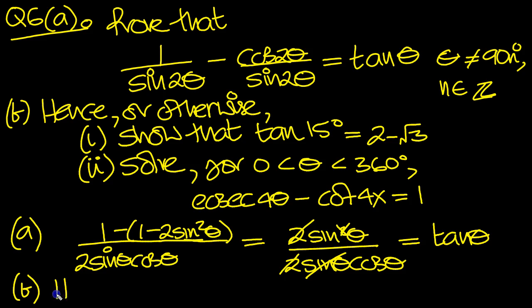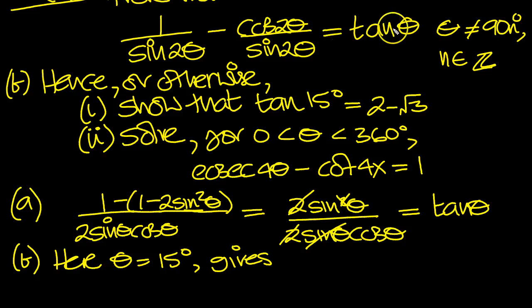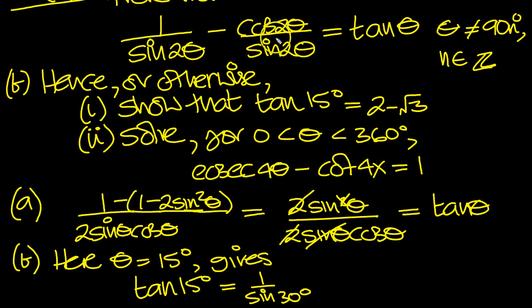So here, theta equals 15 degrees, and that's a valid input. So we can work out tan 15 then, reading it from right to left: tan of 15 degrees is equal to 1 over sine of 30 degrees, because it's 2 theta, minus cosine 2 theta, which is 30 degrees, over the sine 2 theta, which is 30 degrees again.